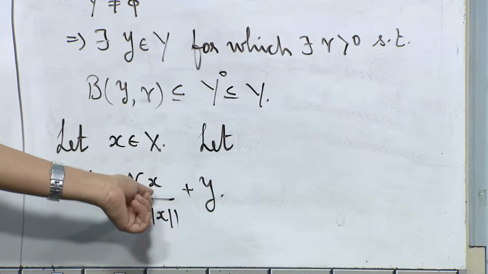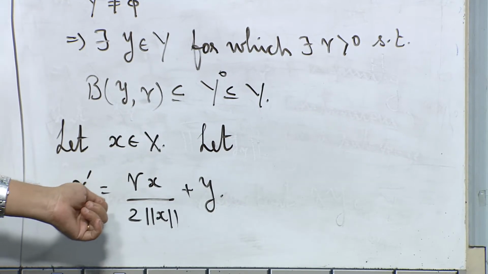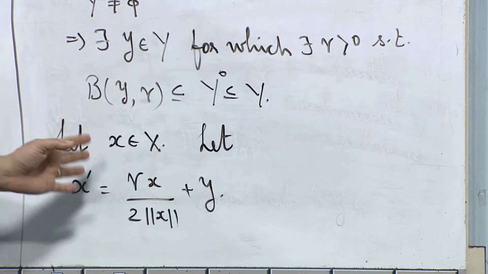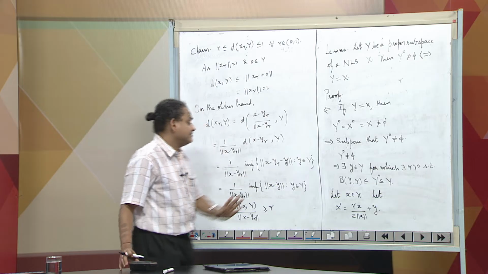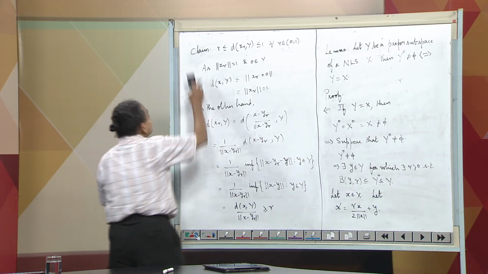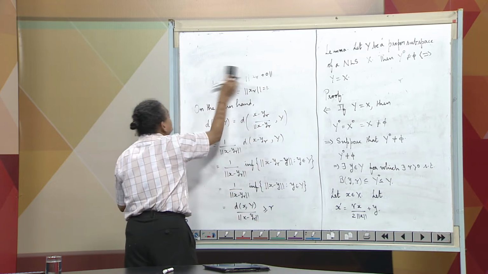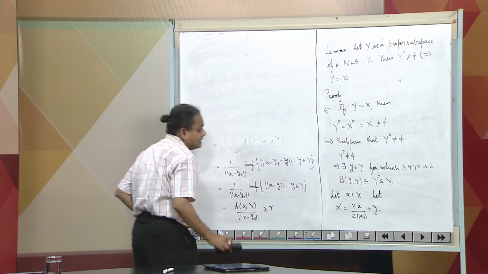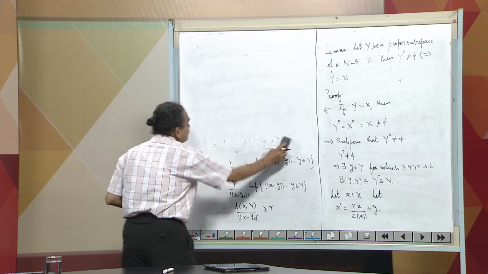I have dilated, or scaled, this element x, and I have also translated it so that it falls inside this ball. That is the whole idea. Having said all these things, it should now be easy to observe that this element is actually inside this ball.